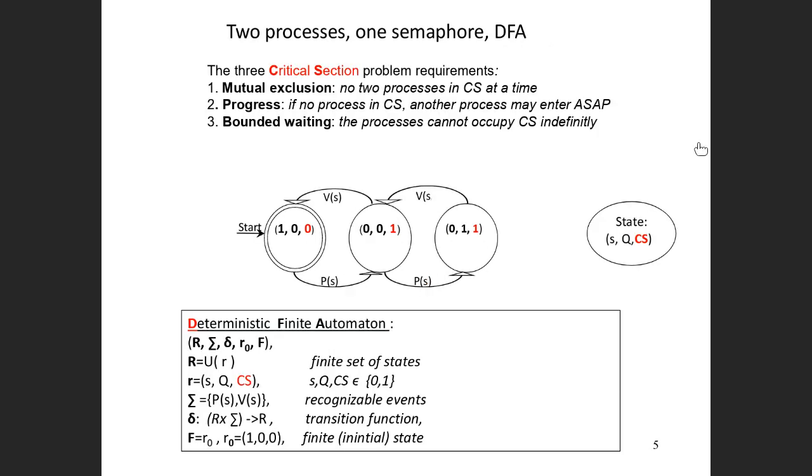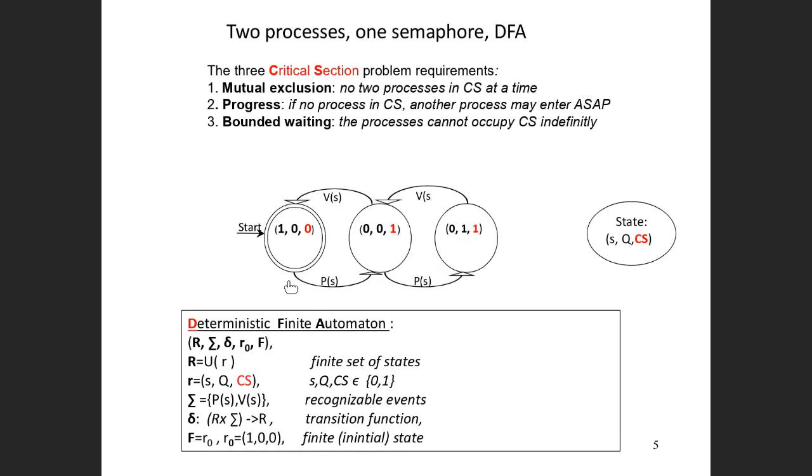Let's have now, systematically, 2 processes, one semaphore, and still a deterministic finite automaton. And you may see that we have 3 possible states: 1,0,0, 0,0,1, 0,1,1. 1,0,0 means the initial state: the semaphore is open, there is no queue, there is no process in the critical section.